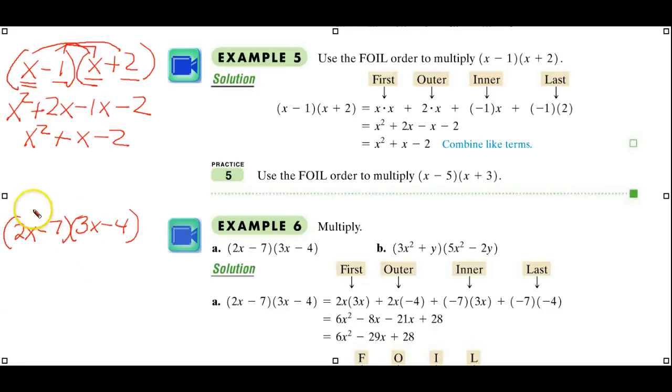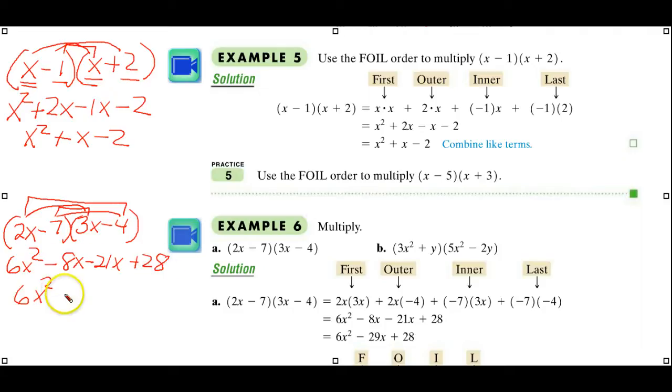Example 6. So, first, 6x squared. Outers, a negative 8x. Inners, a negative 21x. And last, a positive 28. So 6x squared minus 29x plus 28.